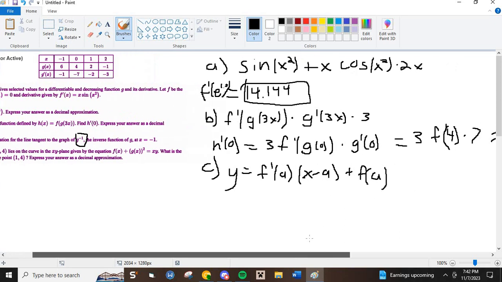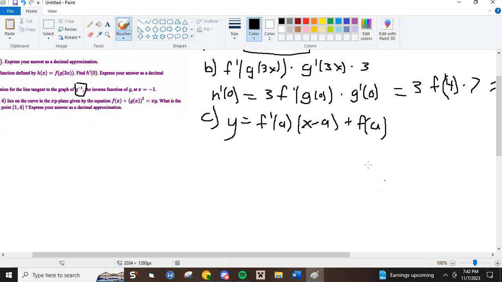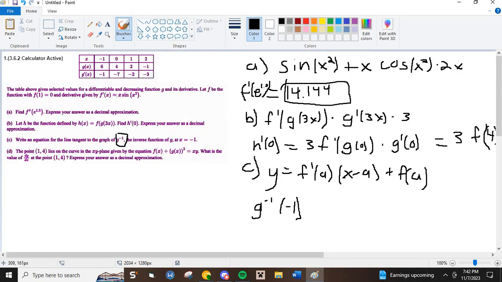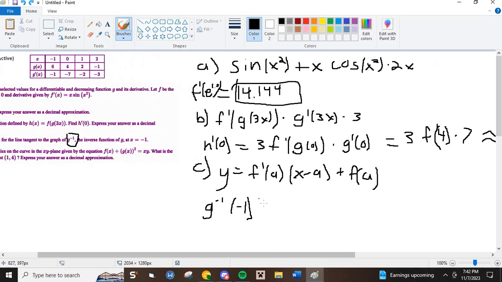So first thing we're going to do is find f of a. In this case, f of a is g inverse of negative 1. Looking at the table, we see that g of 2 is negative 1. So if g of 2 is negative 1, then g inverse of negative 1 is 2.